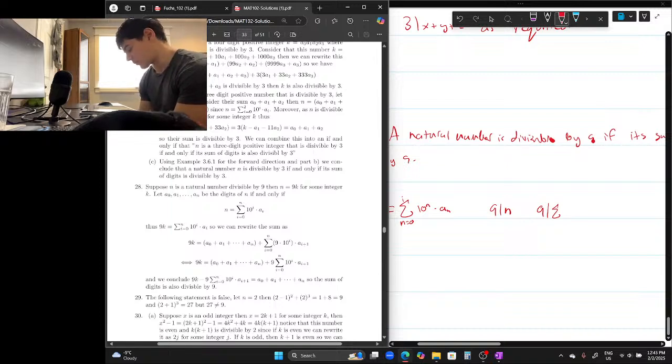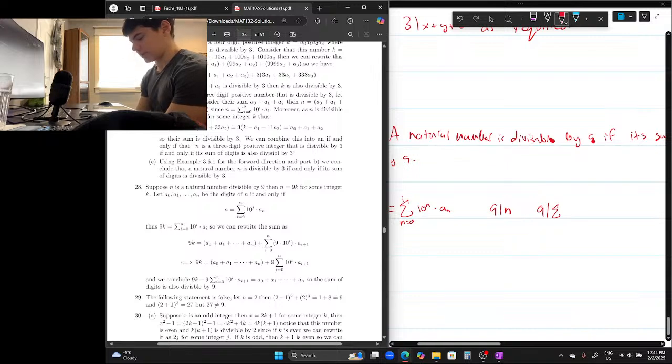So that second part is just them rewriting the question. So then you have 9 times 10 to the i times a of i plus 1, because you don't have that last one. Interesting. Cool. I understand. I get it. Plus 9.